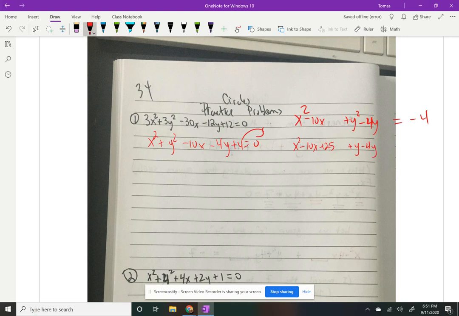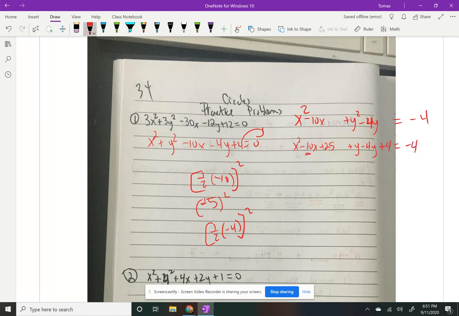Because remember, we take this middle number, negative 10, go half, and then we square it. So this becomes negative 5 squared, which is 25. And we're doing the same thing for negative 4. We take half of negative 4, which gives us negative 2, and negative 2 squared gives us a positive 4.